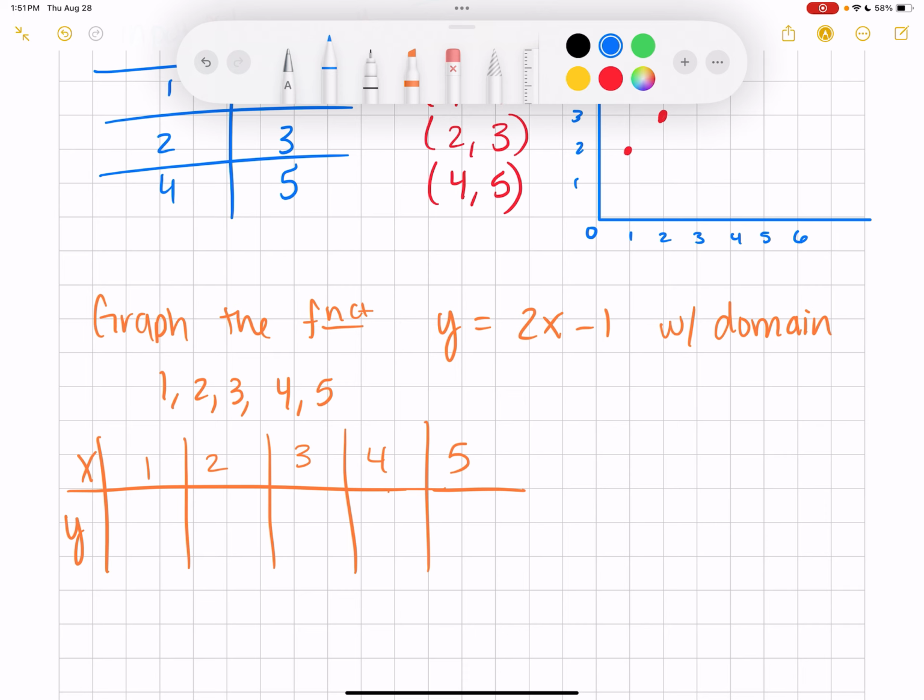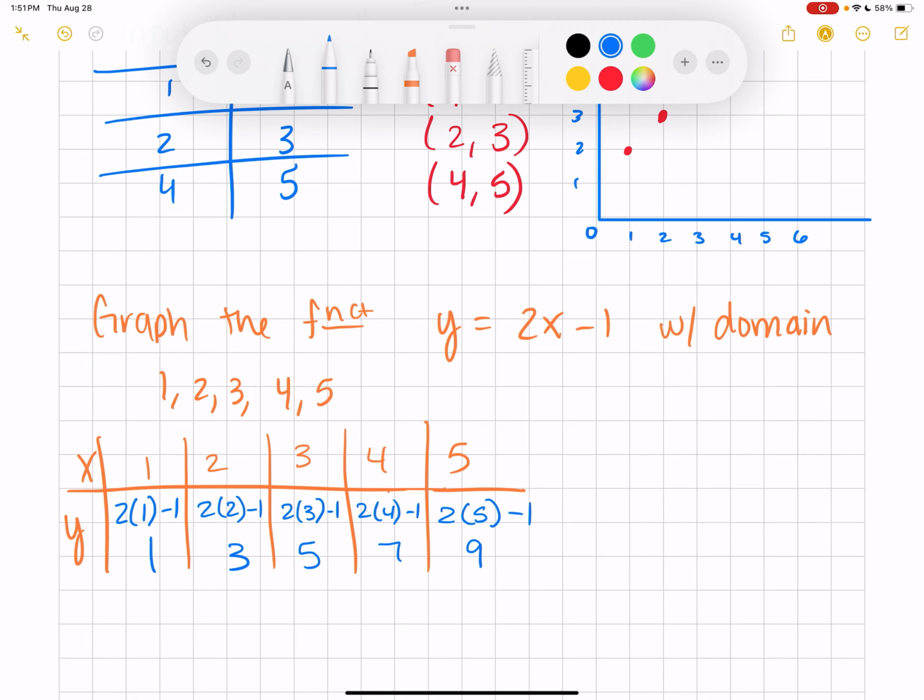So I would have 2 times 1 minus 1, 2 times 2 minus 1, 2 times 3 minus 1, 2 times 4 minus 1, and 2 times 5 minus 1. So this first one would be 1, next one is 3, the next one is 5, and 7, and then 9 when you solve those out.